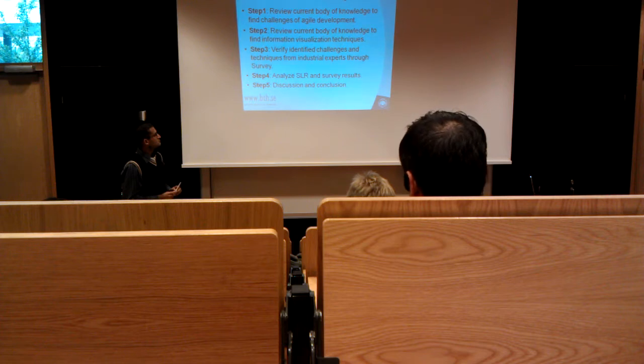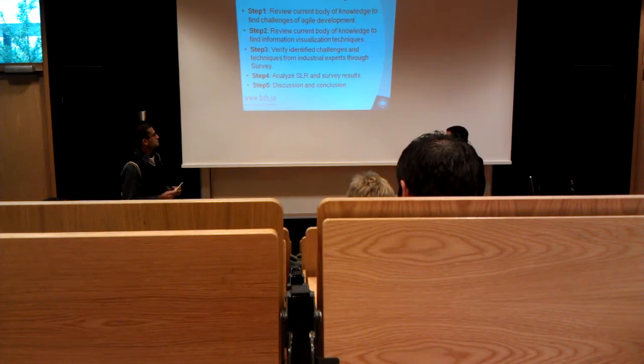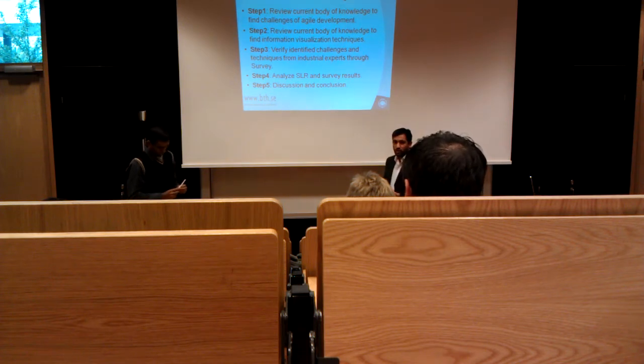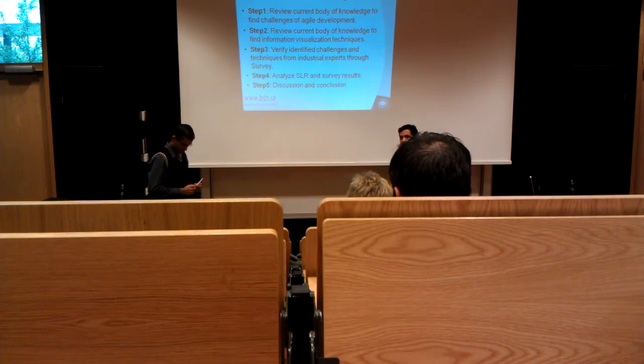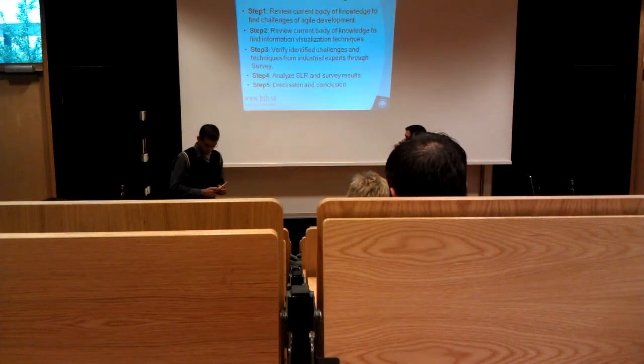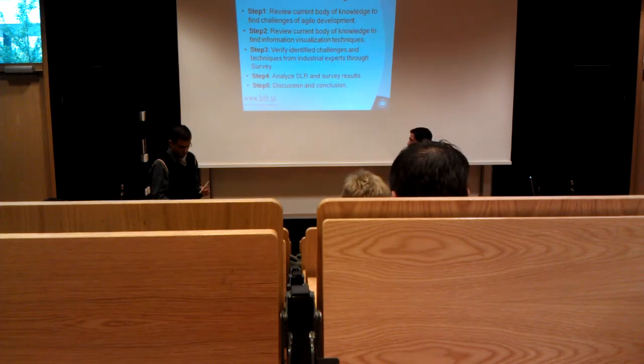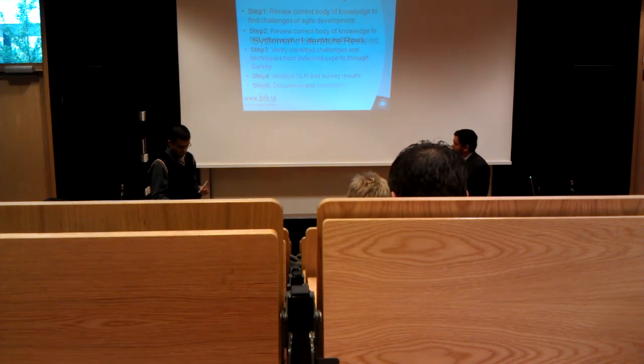After having both the SLR results and the survey results, we analyzed those techniques to find out how they can be used to mitigate or resolve the challenges of Agile development. At the end, we have the discussion and conclusion of our results.